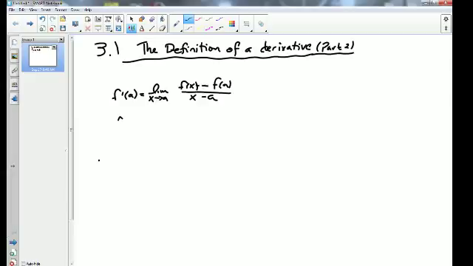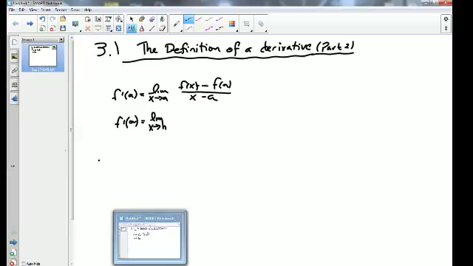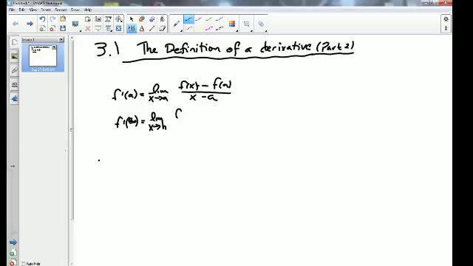The next one: f prime at a is the limit as h approaches 0 of f of a plus h minus f of a over h.